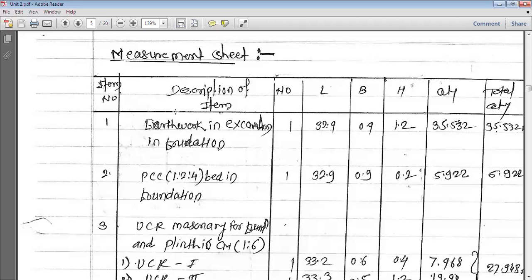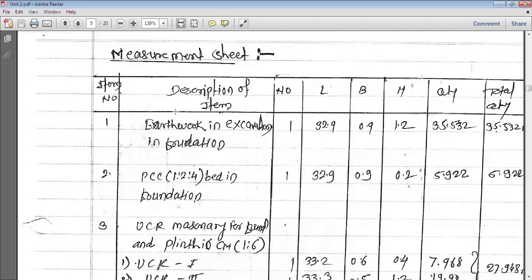If the question comes like write a short note on earthwork in excavation for the foundation, then PCC bed in foundation, for 4 marks, then in that note you have to describe that activity in detail. That is the detailed description.